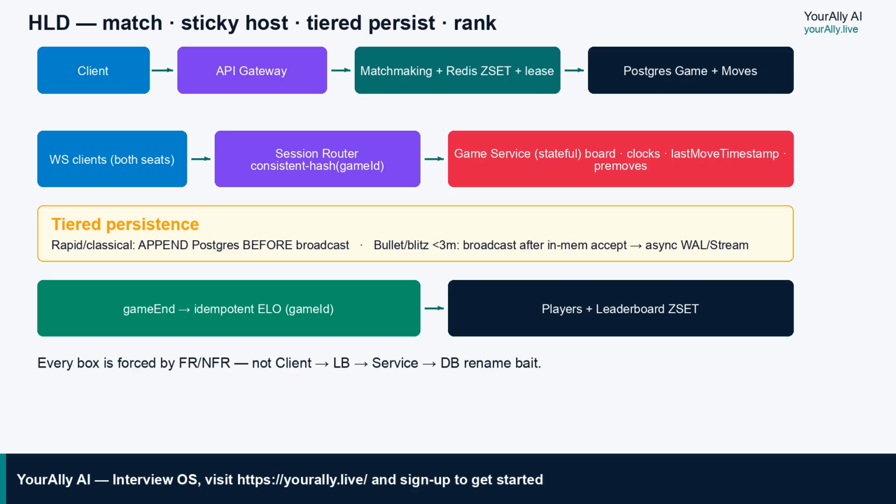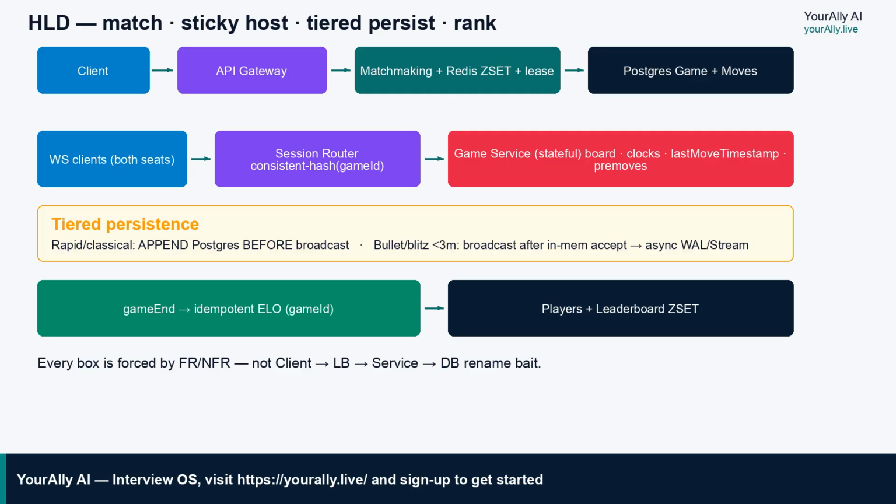Failure tour. Redis matchmaking primary dies. The pending pool is ephemeral. Clients resubmit. The pool refills in seconds. That bar is lower than game host. Game host dies: pause, reassign via the registry, replay the move log, refund clock bleed using the last move timestamp. Emit game resumed.